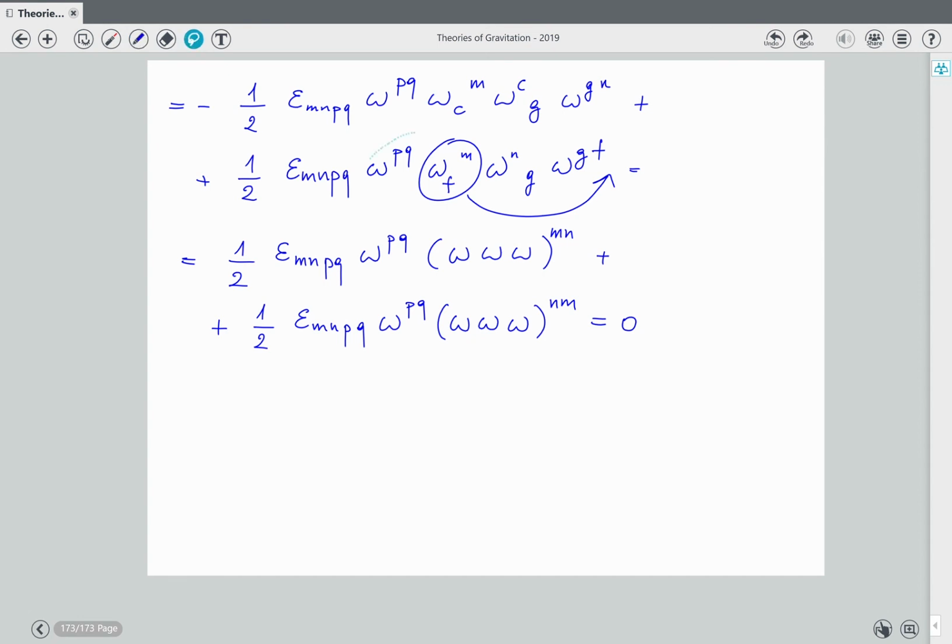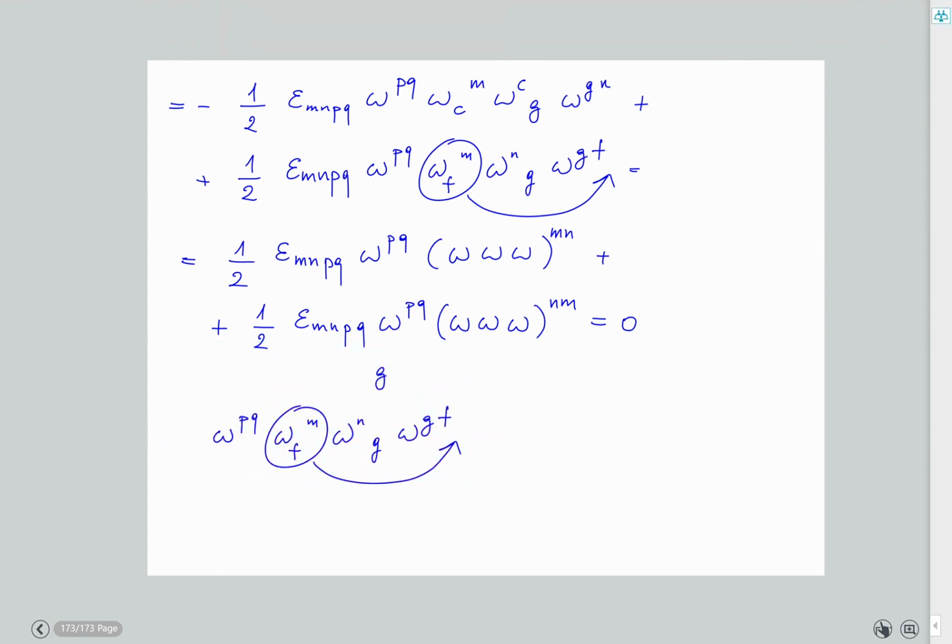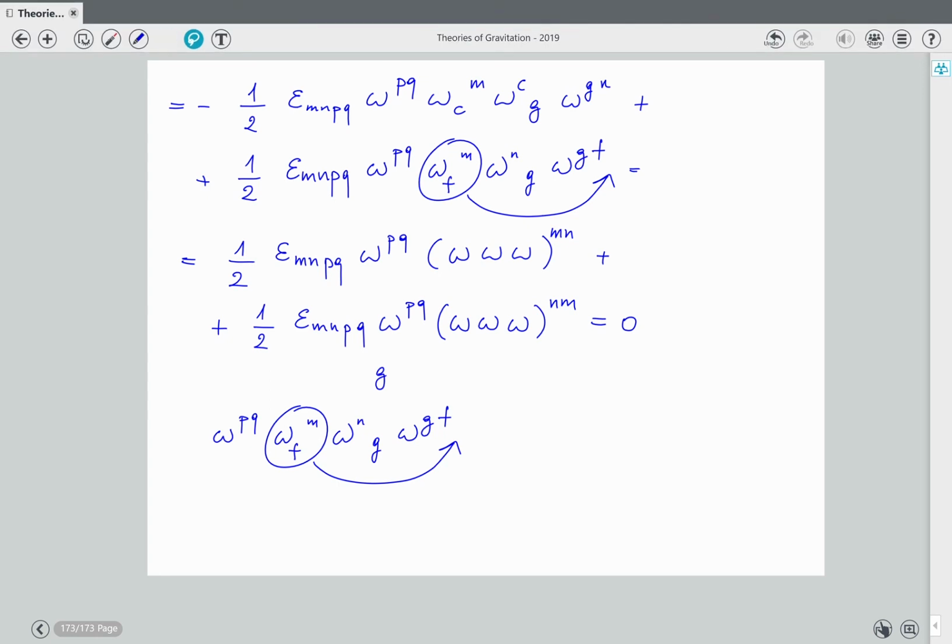So let's write this one in a different way. Apparently, it can be written as the opposite of itself. So let's do it. Both things apparently. Let's see.